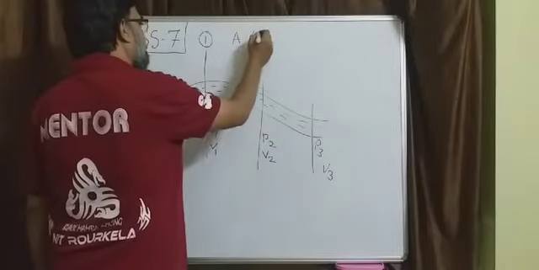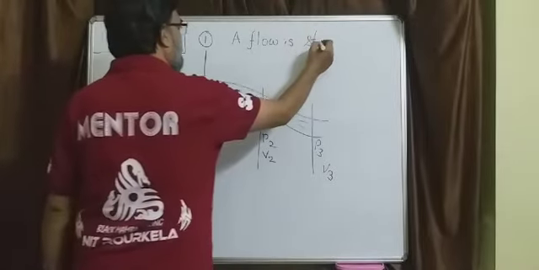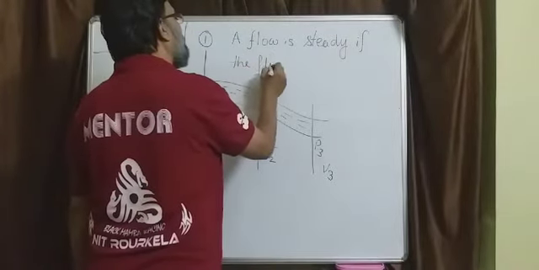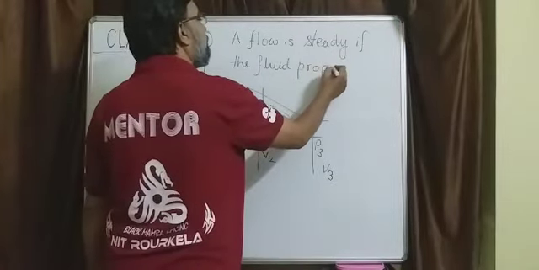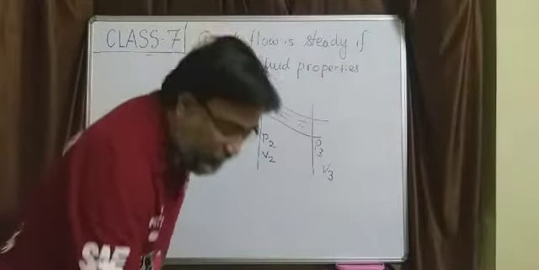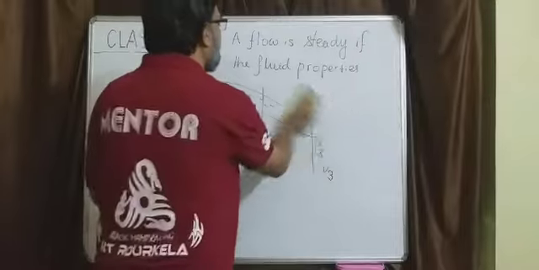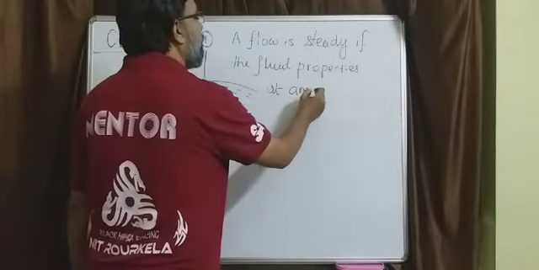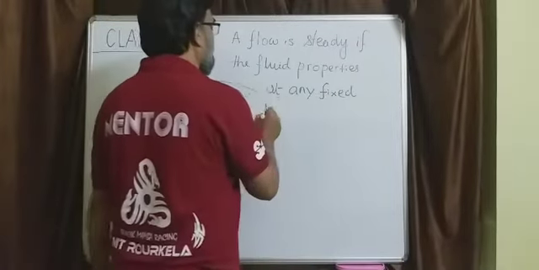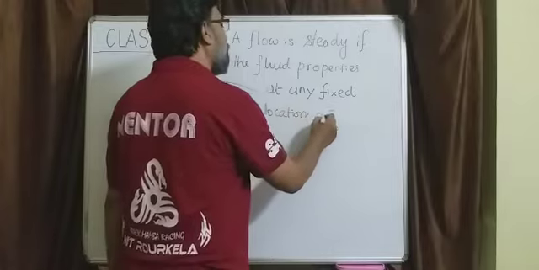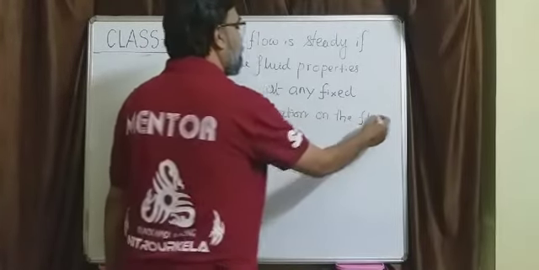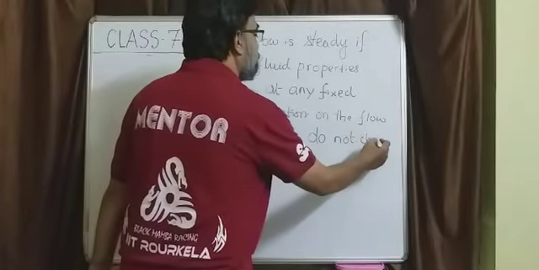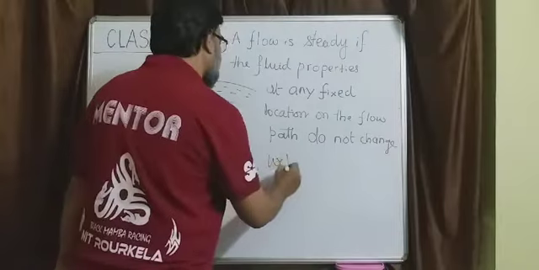A flow is steady if the fluid properties at any fixed location on the flow path do not change with time.